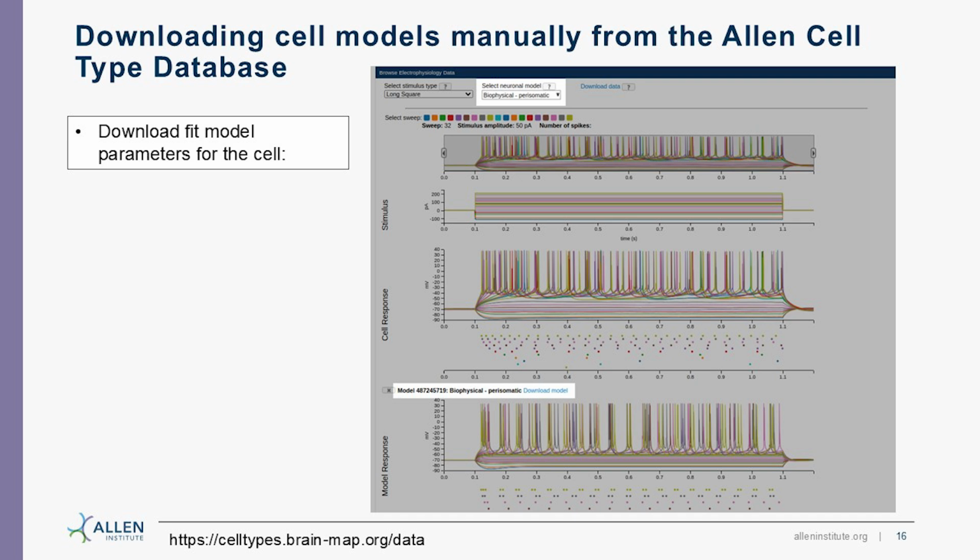If you click here on the download button, you can download all the information of the model, meaning the JSON file, which is in Sonata format, that has all the information of the conductances of the model. You will have the SWC file with the morphology. We will use those files for importing and creating our network in BMTK. In this case, the network will just contain one single neuron, since it's a very simple one.